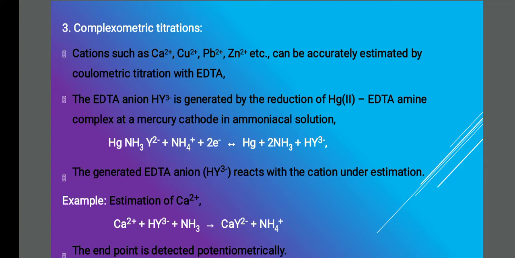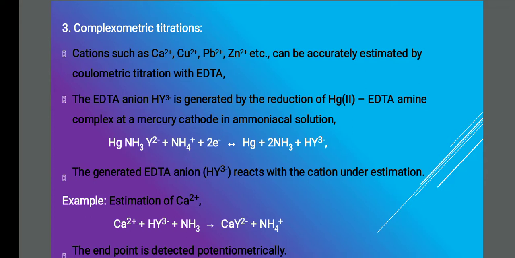The EDTA anion, represented as HY3-, is generated by the reduction of the Hg-EDTA amine complex at the mercury cathode in an ammoniacal solution. I'll repeat. Cations such as calcium, copper, lead, zinc are estimated by coulometric titration with EDTA.